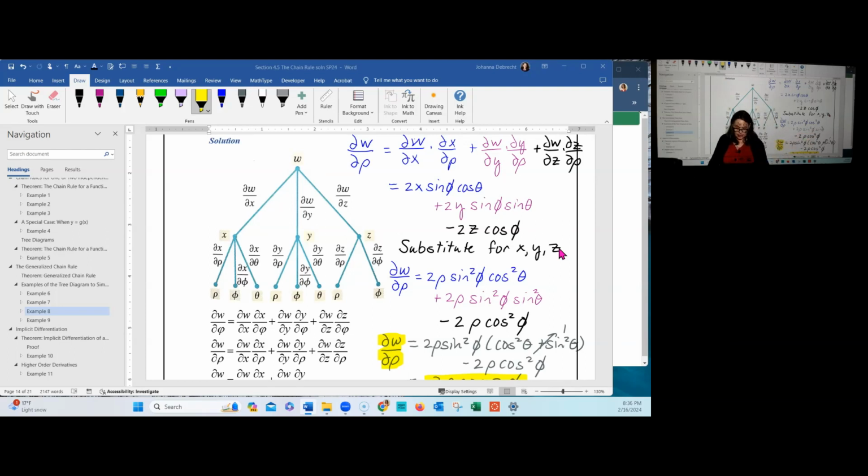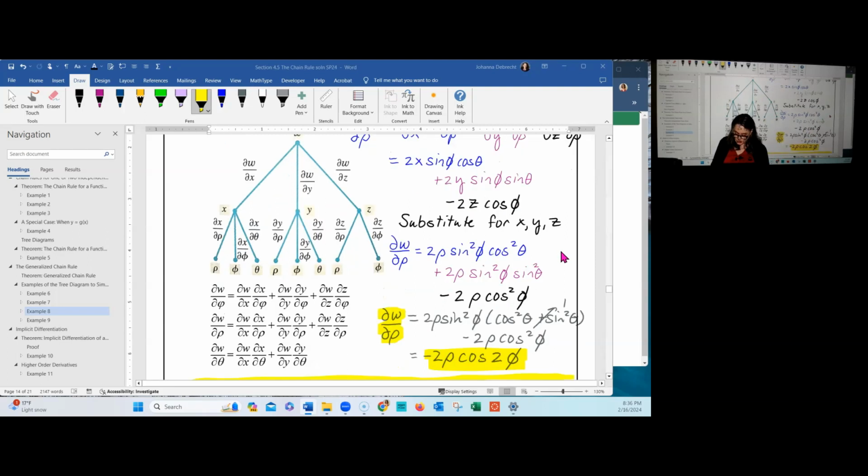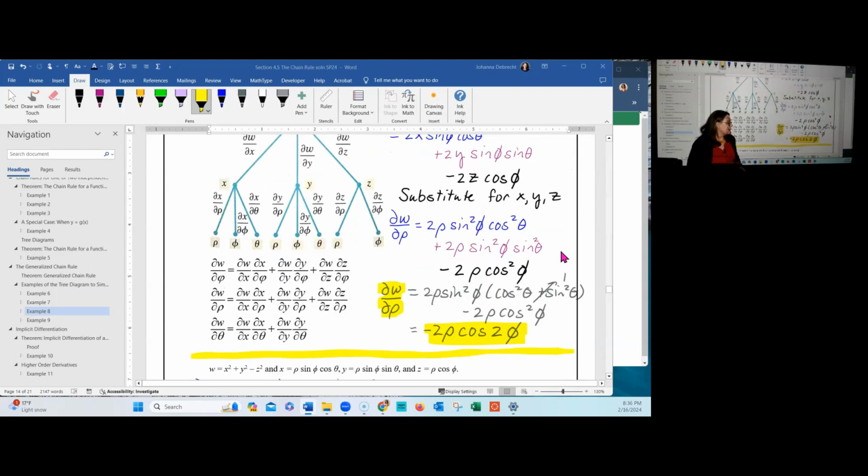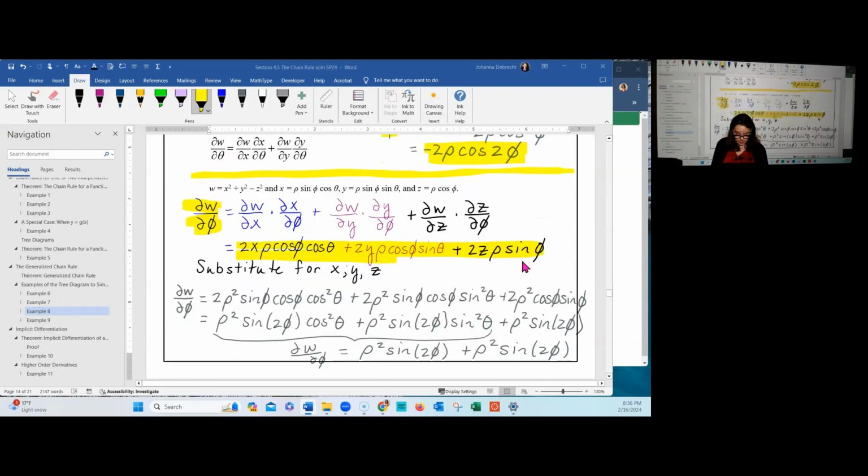You may not recognize it, but the last one is also a trigonometric identity. It's the opposite of the cosine of 2 phi. This gives us a final result for the partial of w with respect to rho of negative 2 rho cosine of 2 phi. Let's now take a look at the partial of w with respect to phi.